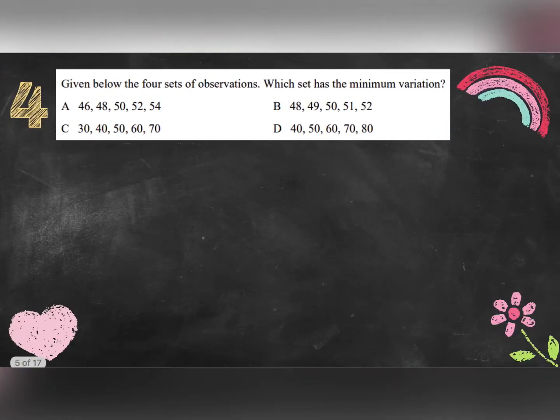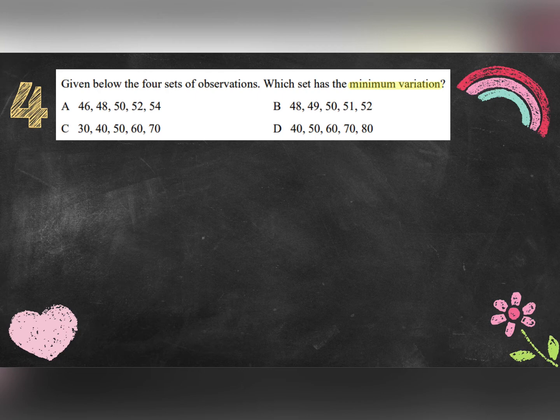Okay, next question number 4. Given below the 4 sets of observation, which set has the minimal variation? Okay, apa yang dimaksudkan dengan minimal variation? So minimal variation sebenarnya adalah data yang paling kecil dengan data yang paling besar itu dia punya perbezaan dia adalah minimum lah, paling minimum.